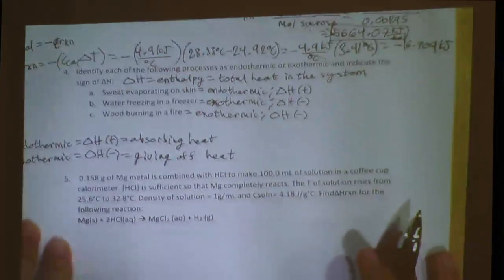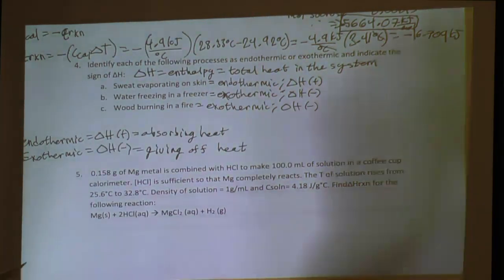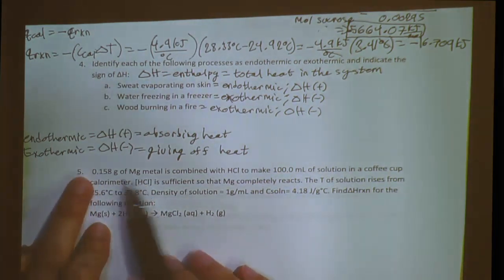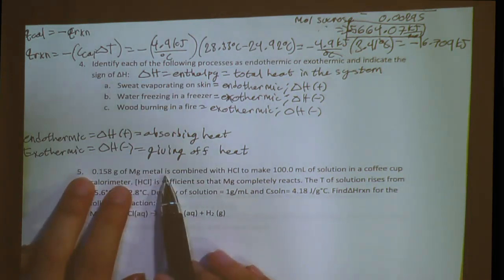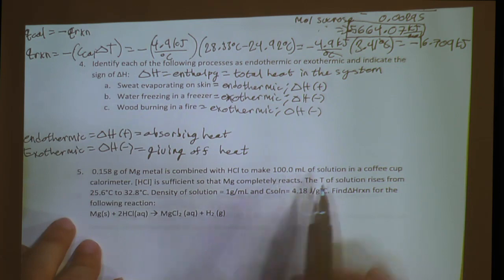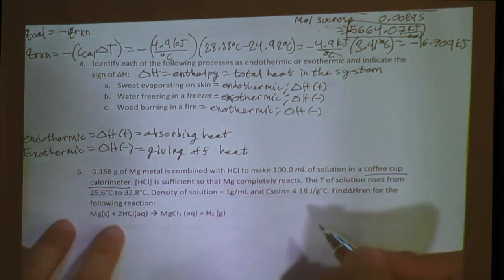So now we'll go on to question 5. I'll just flip my page. Okay. So 0.58 grams of magnesium metal is combined with HCl to make 100 milliliters of solution in a coffee cup calorimeter.